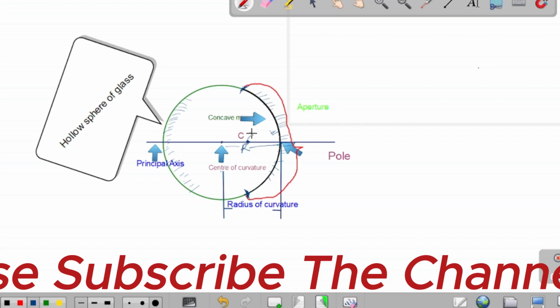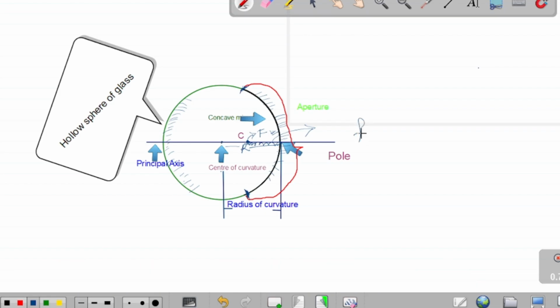That means this point would be the focal point, and the focal distance would be half of r.